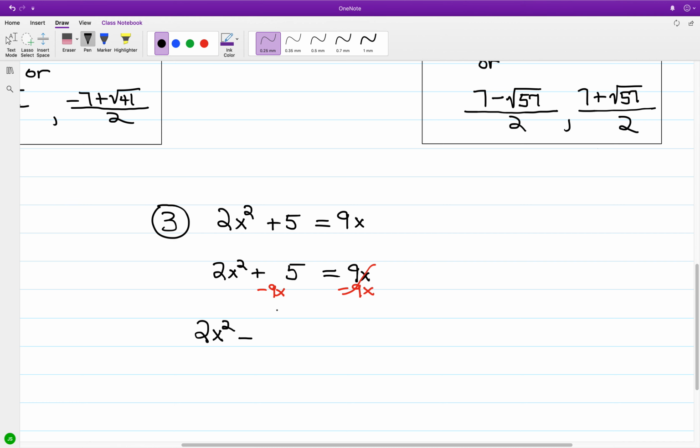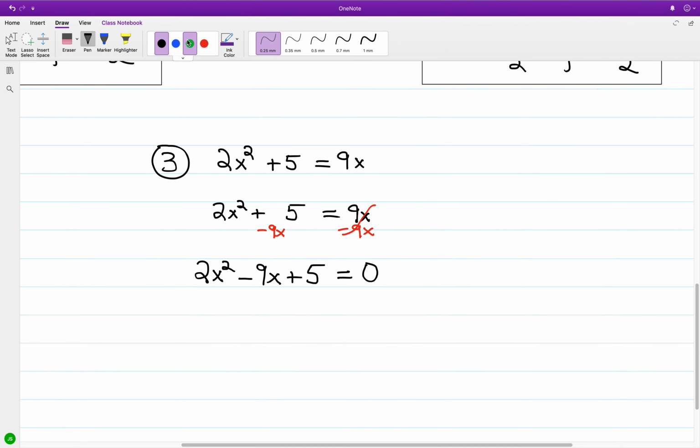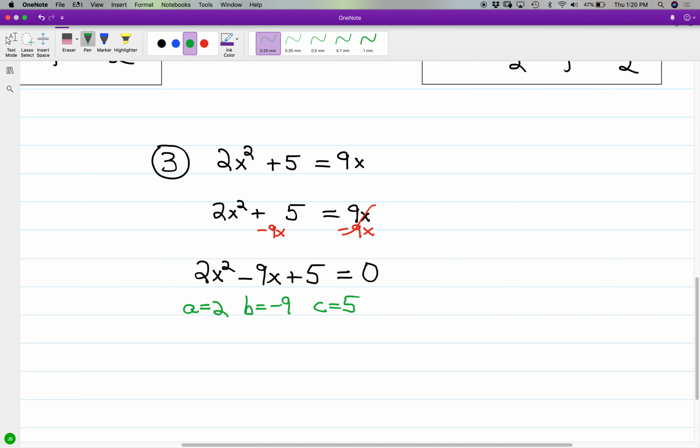I have the trinomial in descending degree order. In this case, I have 2x squared minus 9x plus 5 is equal to 0. And from what we have here, this time around a is equal to 2, b is equal to negative 9, and c is equal to 5.